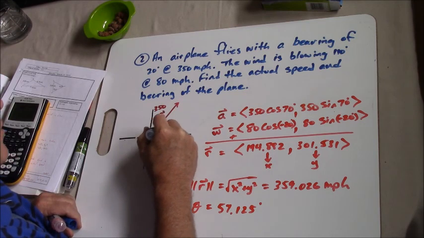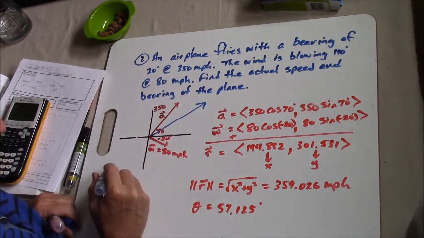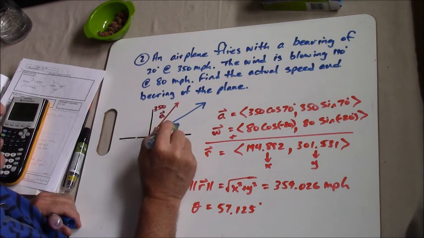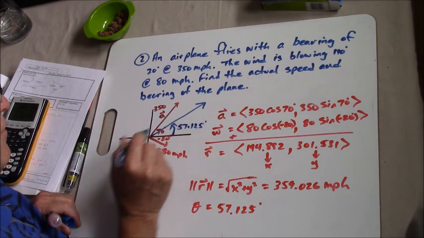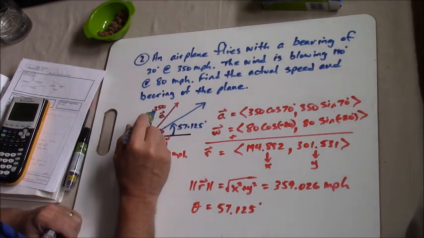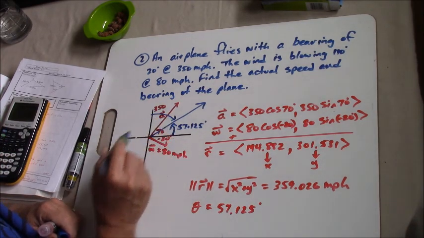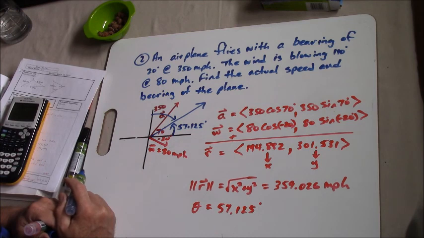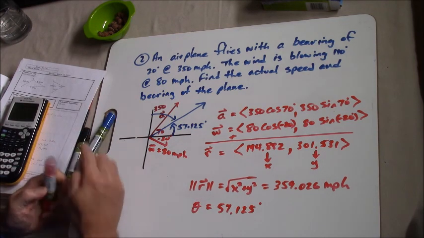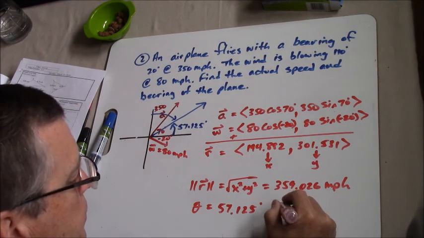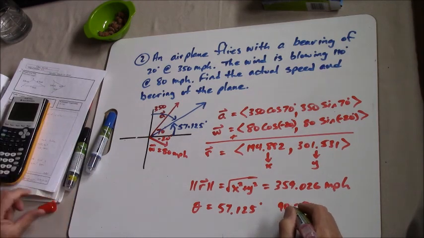So the airplane is really going this way, and this angle right here is 57.125. For an airplane bearing, I want this angle right here. So I got to do 90 minus this. So 90 minus theta.